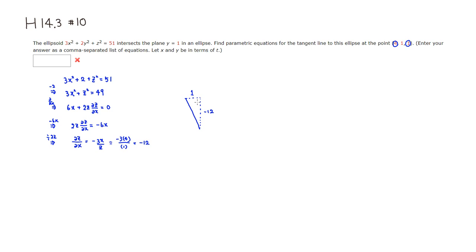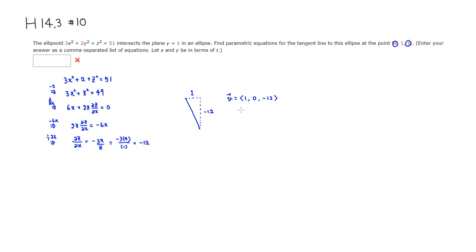So the direction vector, say v, of that tangent line would be: the x component is 1, and there's no y component because this is the intersection with y equals 1. And then z is negative 12.